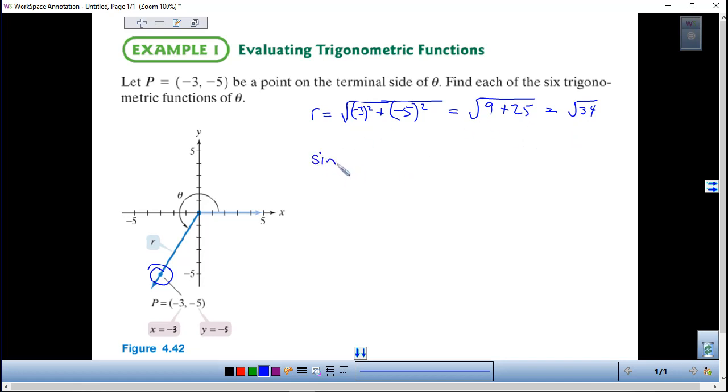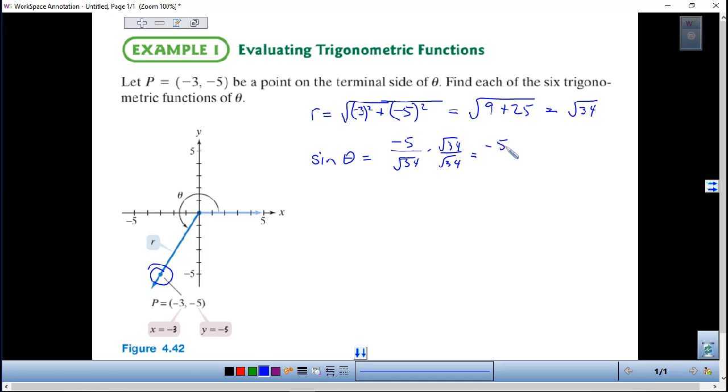So the sine of theta is going to be the y value, -5 over the square root of 34. And of course then you want to rationalize that, so you're going to multiply top and bottom by the square root of 34.